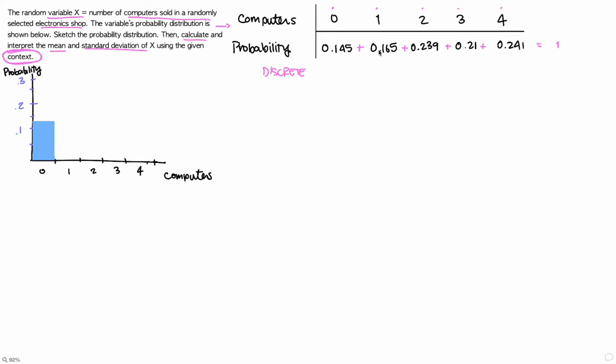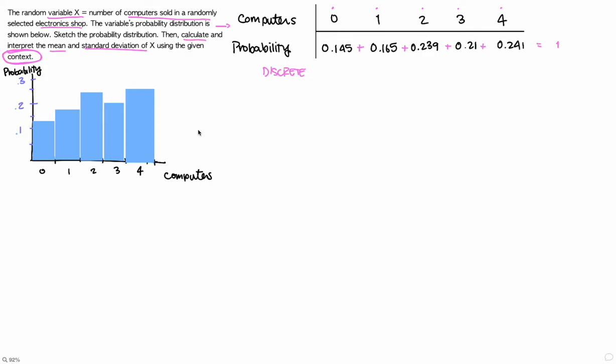And then for 1, it's 0.165, so it can be somewhere over here. And then for 2 computers, it's 0.239, so maybe somewhere over here. And then 3 is 0.21, so probably lower than that. And then for 4 it's 0.241, so a bit higher than that.